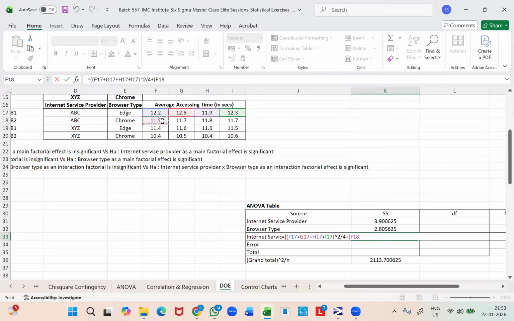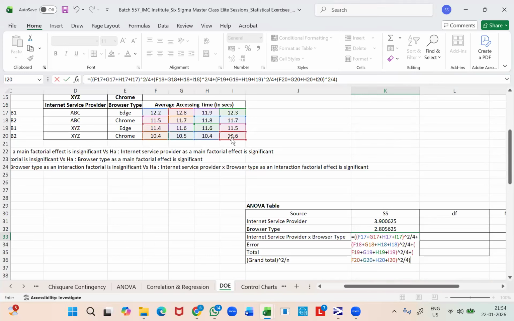And then the second row plus 11.7 plus 11.8 plus 11.7, the whole square divided by 4 plus the third row 11.4 plus 11.6 plus 11.6 plus 11.5, the whole square divided by 4 plus the fourth row 10.4 plus 10.5 plus 10.4 plus 10.6, the whole square divided by 4.